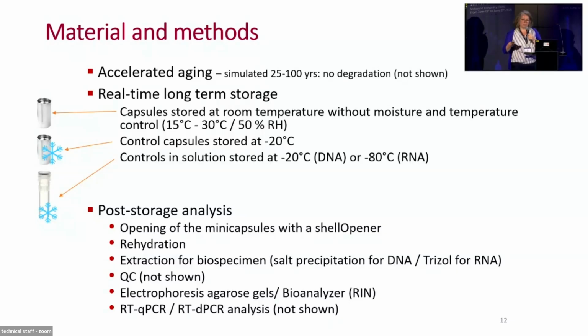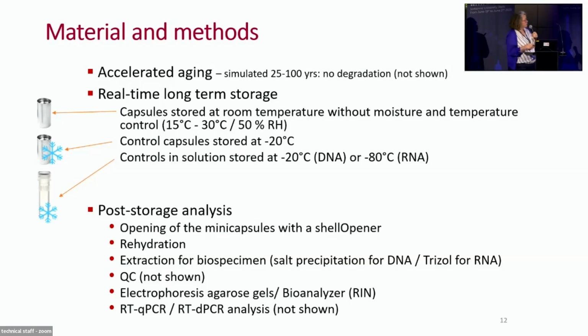But we also kept capsules and controls at that time, and that we kept for up to 15 years. So we have capsules that were stored at room temperature without any moisture or temperature control. So it varied between 15 to 30 degrees in the lab. We kept control capsules at -20.